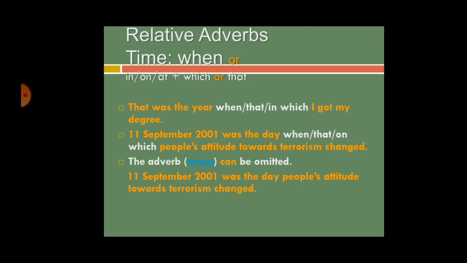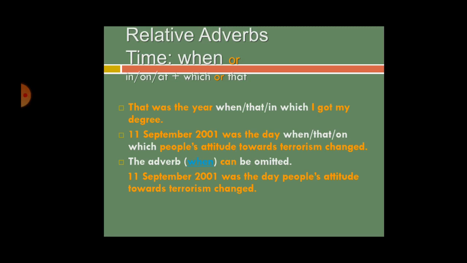Relative adverbs, when, or in, on, at plus which or that. That was the year when, or in which, I got my degree. 11 September 2001 was the day when, or on which, people's attitude towards terrorism changed.